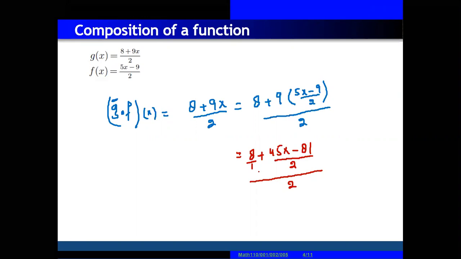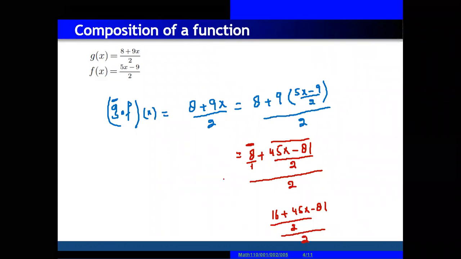There are many methods, like factorization. If the LCM is 2, then 2 divided by 1 equals 2, and 2 multiplied by 8 equals 16. Then 2 divided by 2 equals 1, and 1 multiplied with 45x minus 81 equals 45x minus 81, then again whole divided by 2.